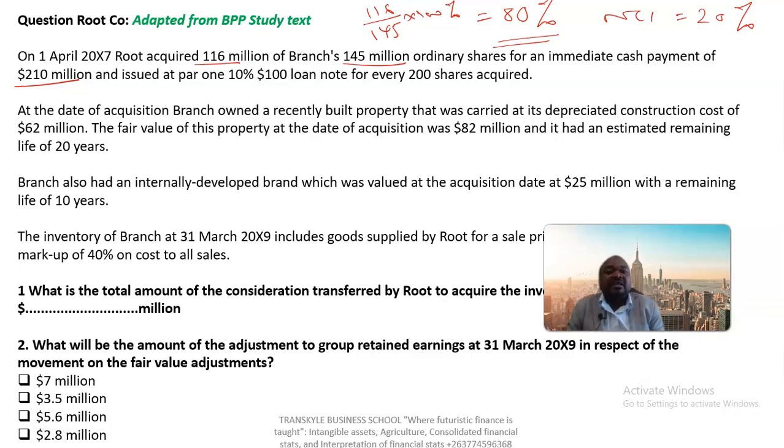So the loan note consideration was equal to 100 over 200 multiplied by 116 shares, 116 million.